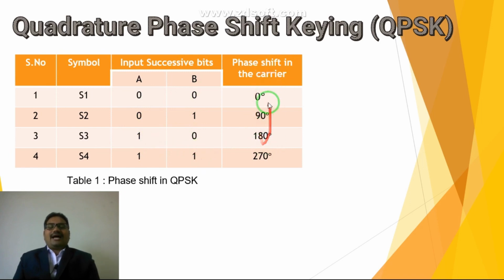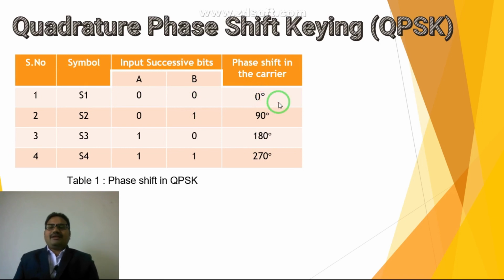And this last column tells you that when 00, that is symbol S1, is transmitted, there is no phase shift in the carrier. That is, it is represented by 0 degree phase shift.